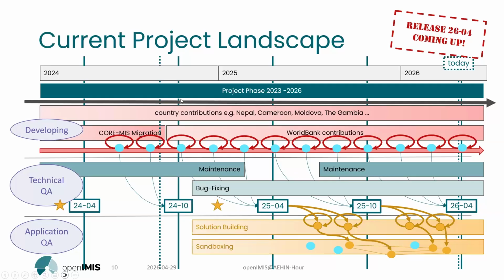So this very noisy graphic makes sense if you just follow the idea that in the red boxes you have all the software development and all the projects, whether it's contracted projects, World Bank contributions from the developer team there, or country implementations that develop their own things. They all deliver something which is being picked up by the openIMIS community, like the green boxes here.